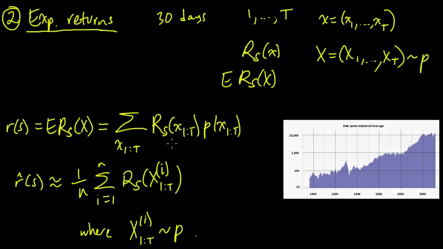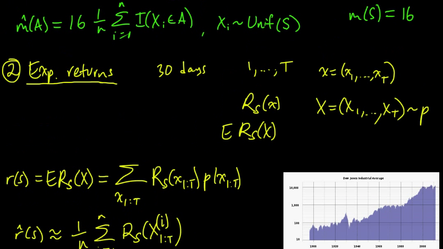And furthermore, your strategy might be super complicated also. It might be some crazy thing where you're looking at all kinds of whatever's going on, so this sum could be totally intractable. And that's why you might want to do a Monte Carlo estimate for this. It's almost trivial. You just run your model n times, evaluate the outcome, and approximate it.